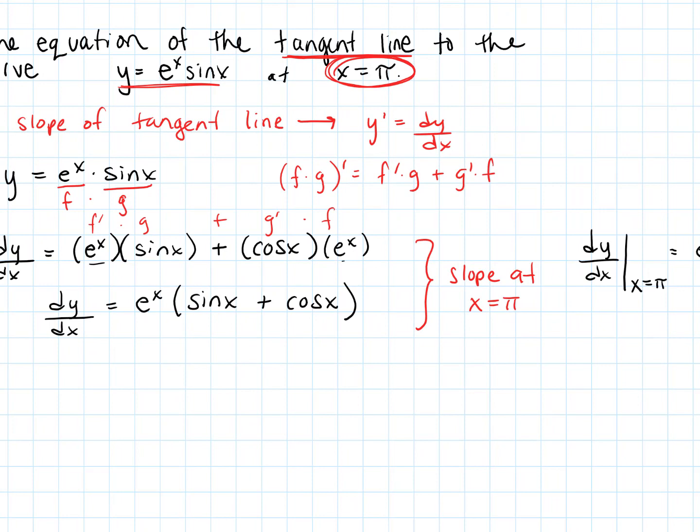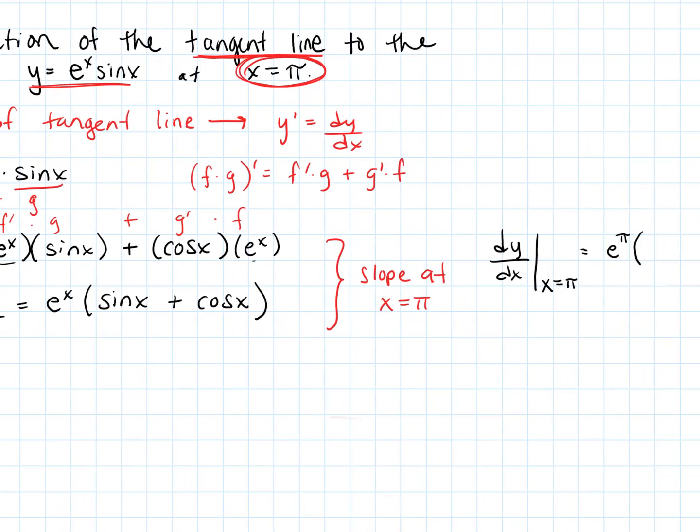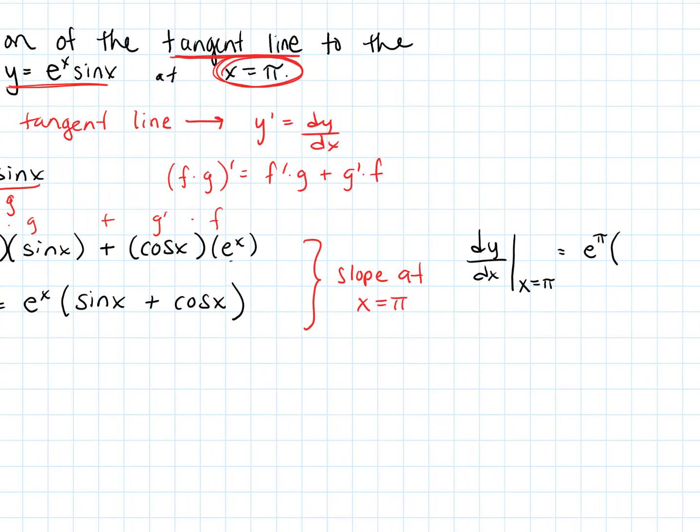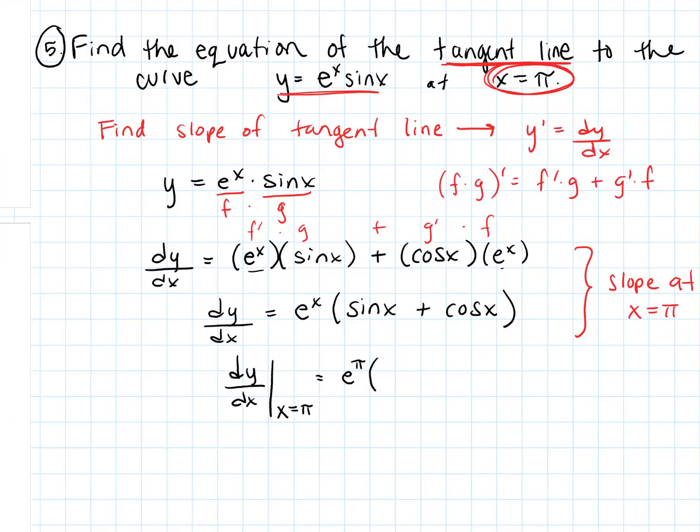That's going to be e to the pi times the sine of pi plus the cosine of pi.